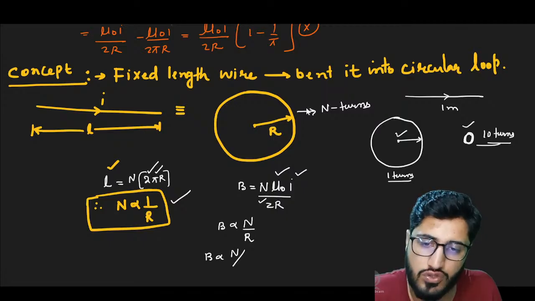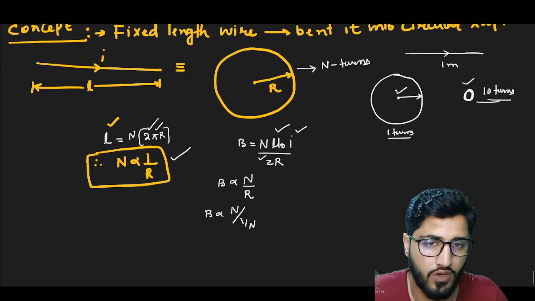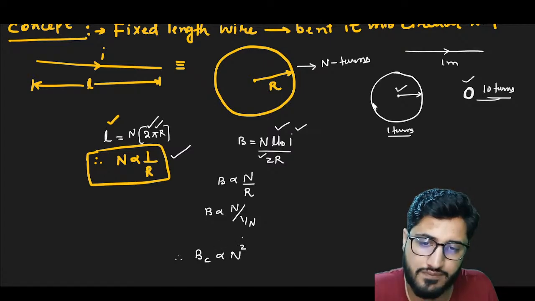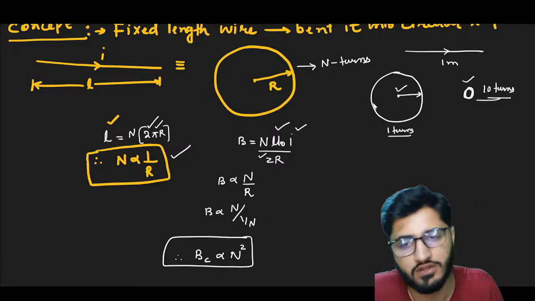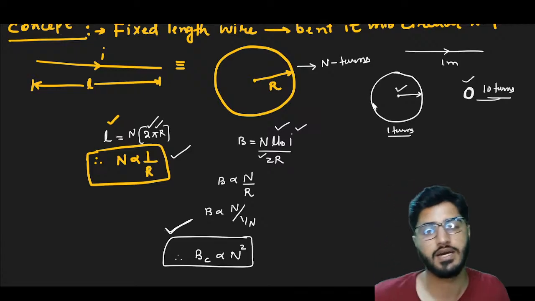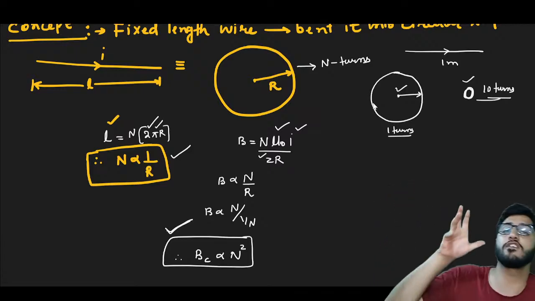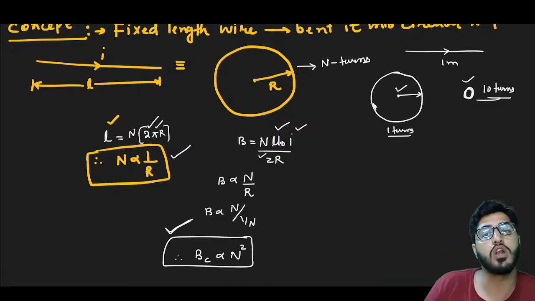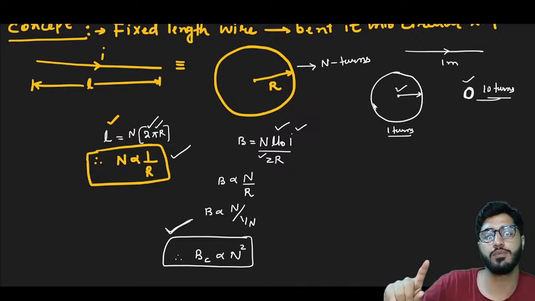Sir, R is also, I can write 1 by n. No? So therefore, the magnetic field at the center would be proportional to n square. This result you need to remember. That means if we are having a fixed wire length and we are just bending it into a circular loop, the magnetic field will be n square times.